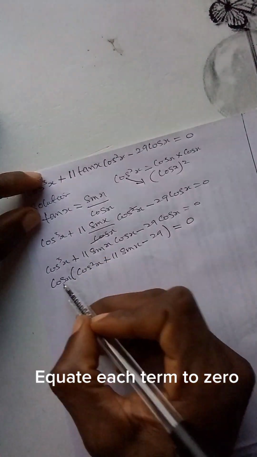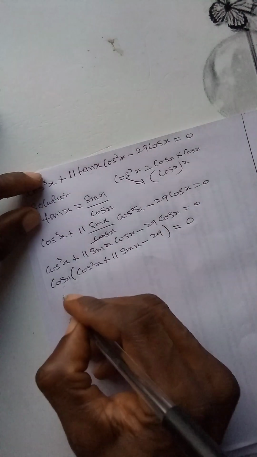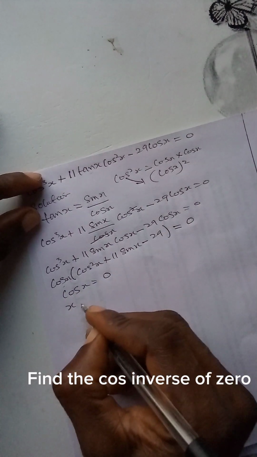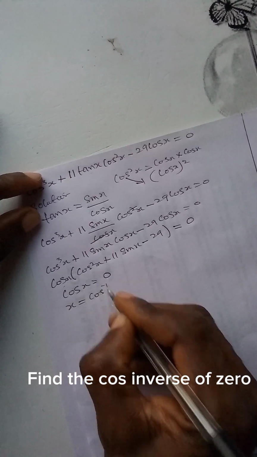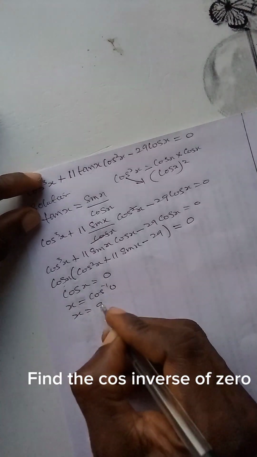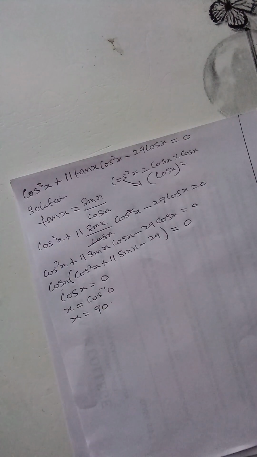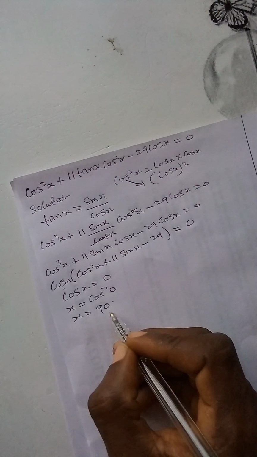So let us equate each of these terms to 0. The first one is cos x is equal to 0. And if we find the cos inverse of 0, we'll have x is equal to 90. When you punch your calculator, shift cos 0 will give us 90. So x is 90.